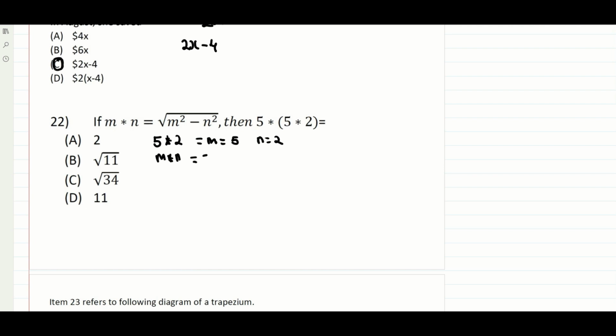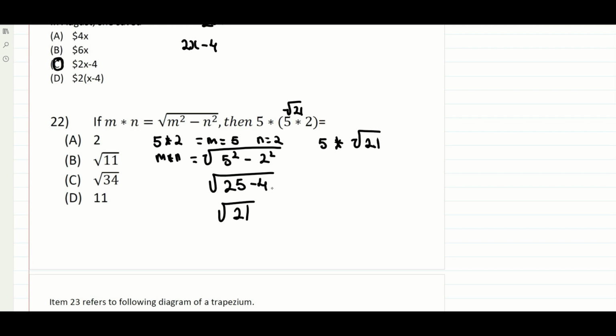Right, so that means it will be the square root of 5 squared minus 2 squared. That is 25 minus 4, which is the square root of, what is 25 minus 4? 21. Then we will have the square root of 21. So if we're going to do the second part, it's going to be 5 asterisk the square root of 21.